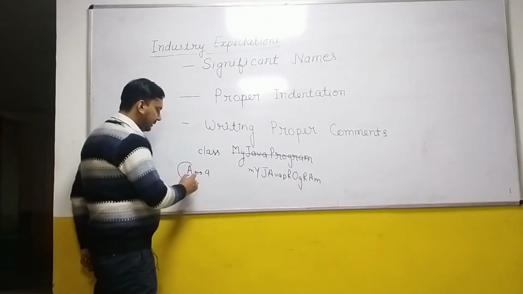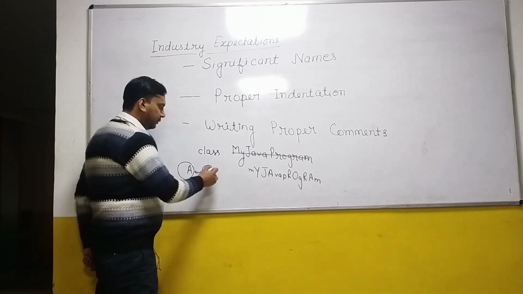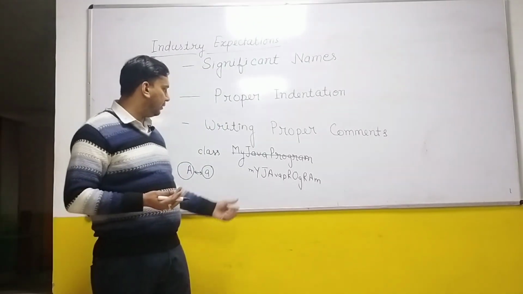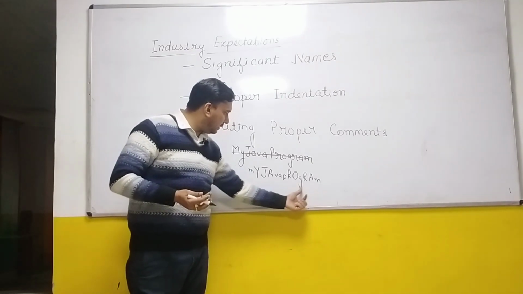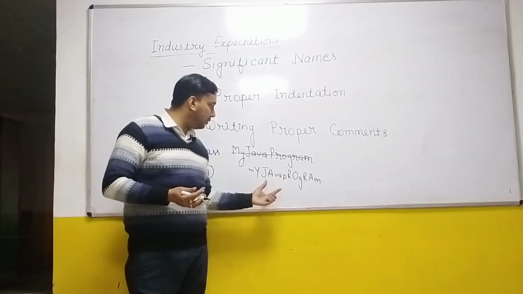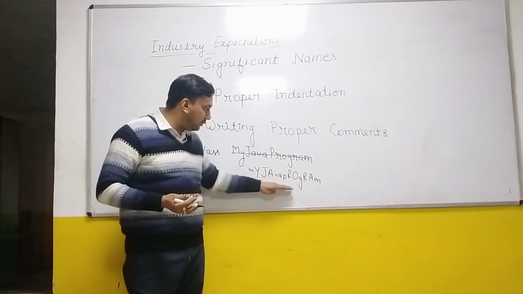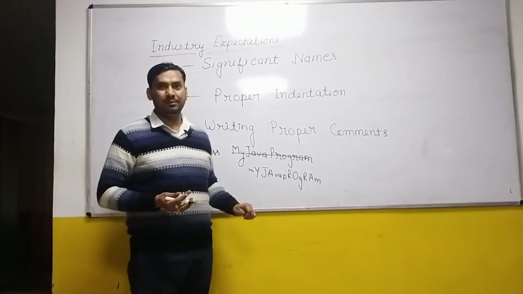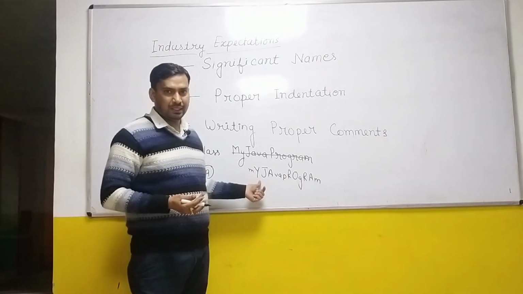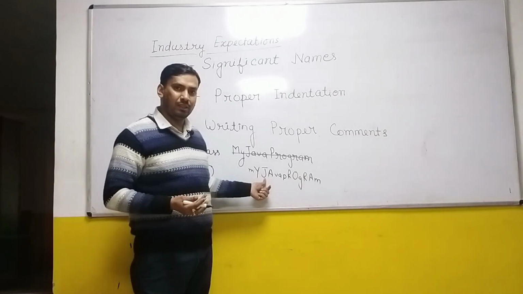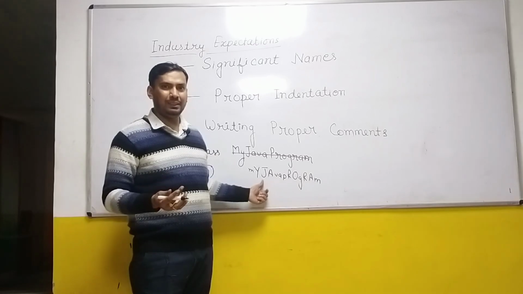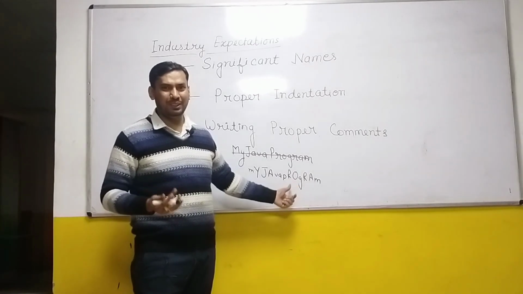If you create a class A, you cannot use a to refer to the same A. So suppose if anybody is creating this kind of a class name, just think about how many times you have to refer to this name to create its object. You will check whether M is capital or not, Y is capital or not, J is capital or not. So it will become very challenging. The only solution here will be just copy it. This is the only solution.